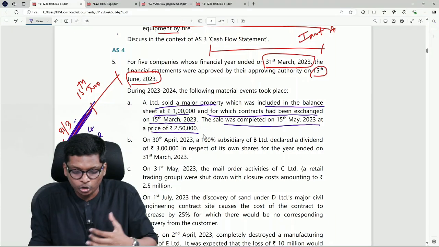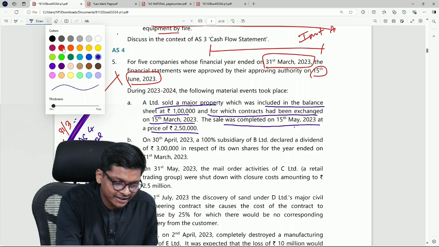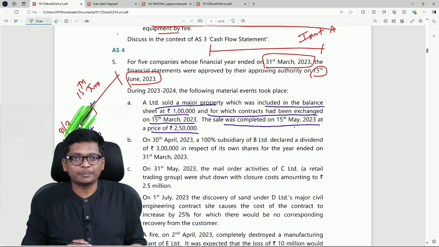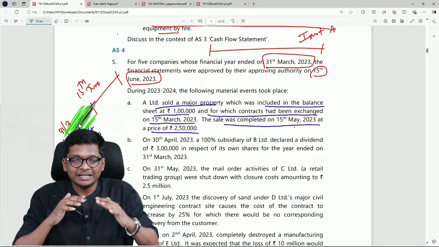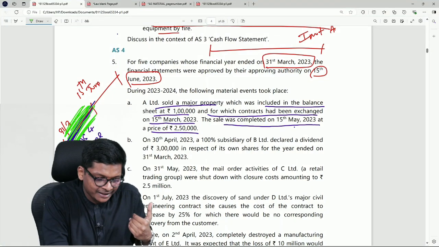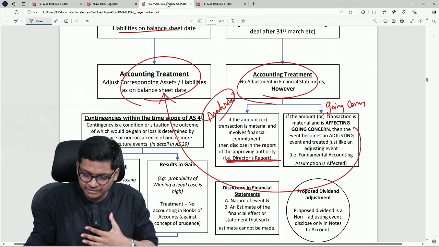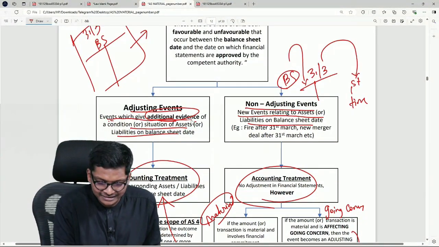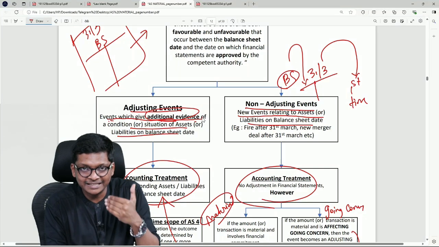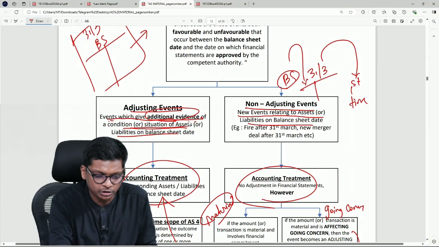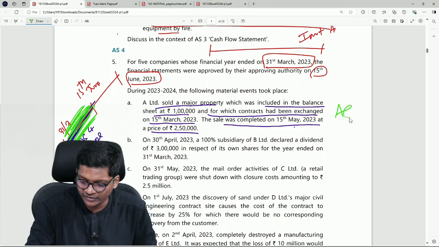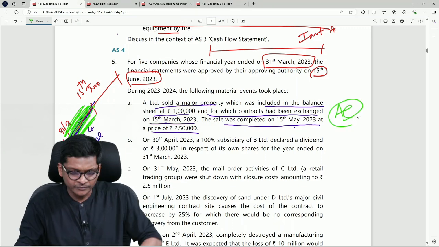After the year got over, 15th May falls in this bracket. In this bracket, it's not a new event. It is an event which already took place. Now we are getting additional evidence. The wording says events which give additional evidence. The sale of property is giving additional evidence of a situation of the property that already existed. Therefore, the first one is an adjusting event.